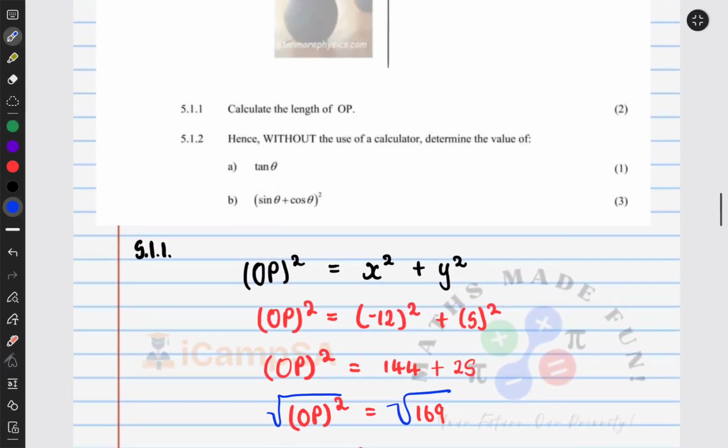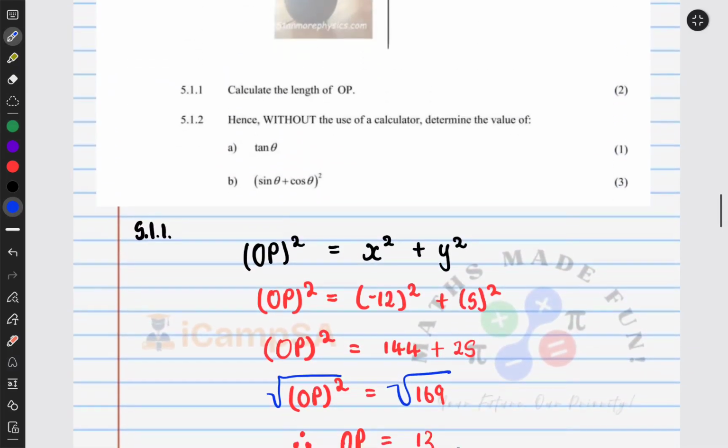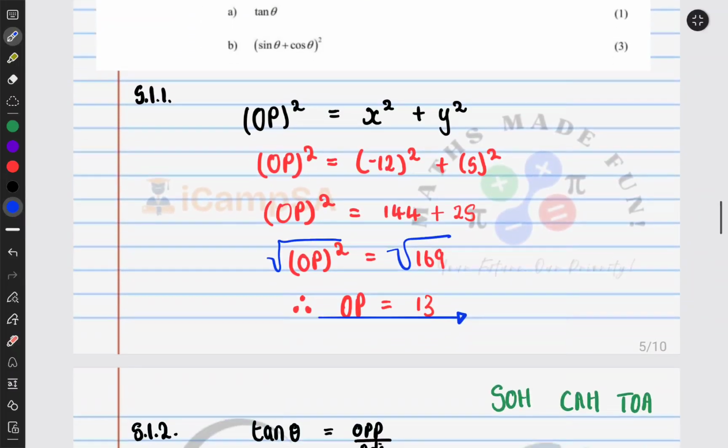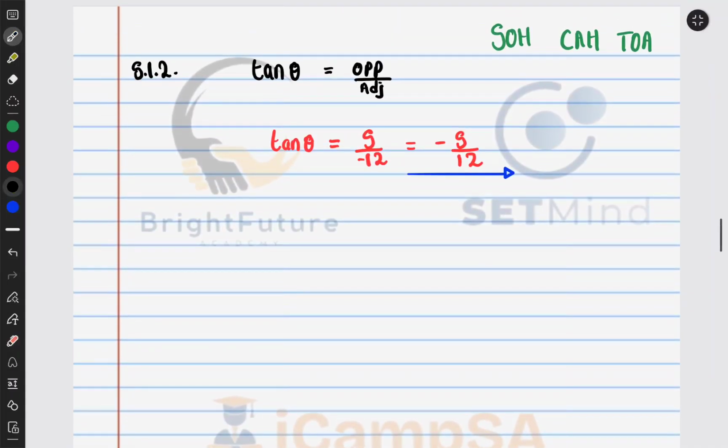Okay, and then secondly, we have to calculate without using a calculator the value of sine theta plus cos theta, squared. Okay, that is our B. This was A. And then for B, we have to calculate the value of sine theta plus cos theta, squared.